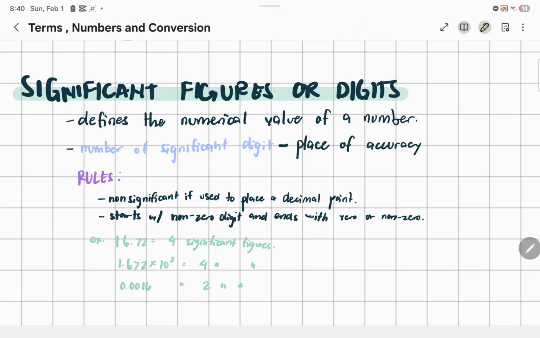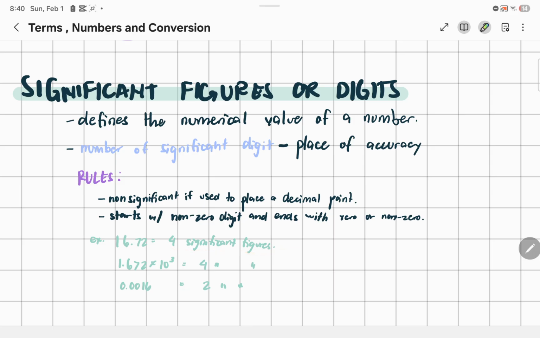Another rule is that if it's a non-zero digit, then it is significant. For example, we have 16.72. 1, 6, 7, 2 are numbers, so they are considered significant figures.